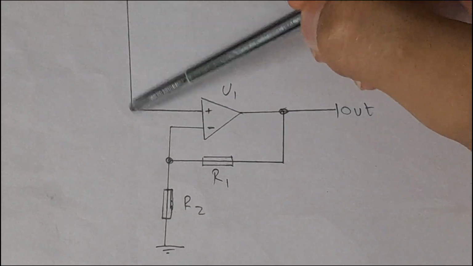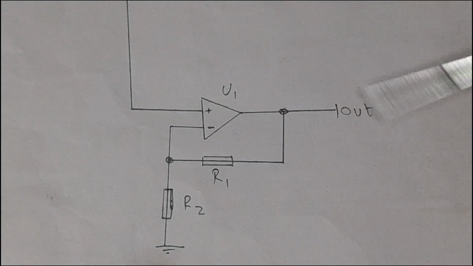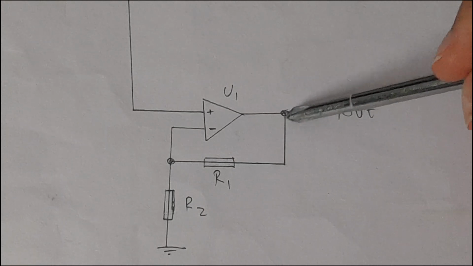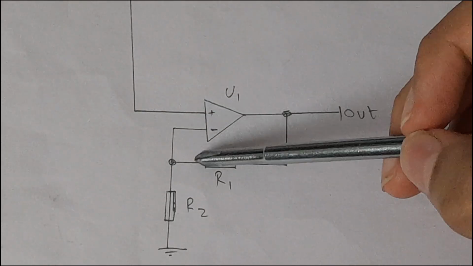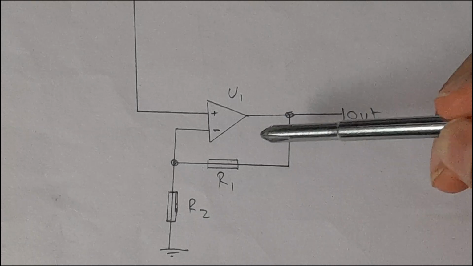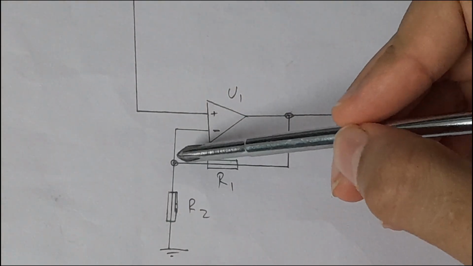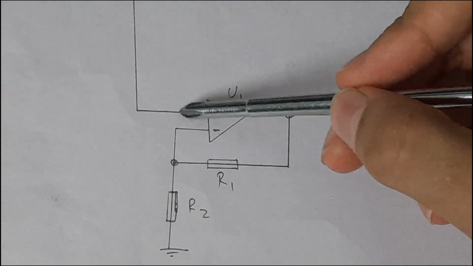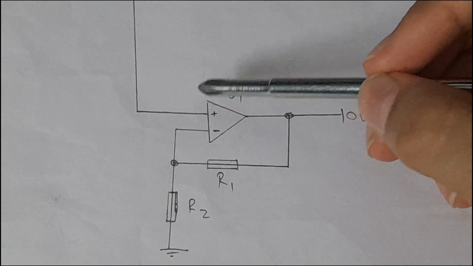So if 24 volts is coming to the op-amp, then 24 times 2, 48 volts, is going to come out of the op-amp, because 48 volts divided by 2 is 24 volts. So the 24 volts will be at its inverting input and 24 volts will be at its non-inverting input.